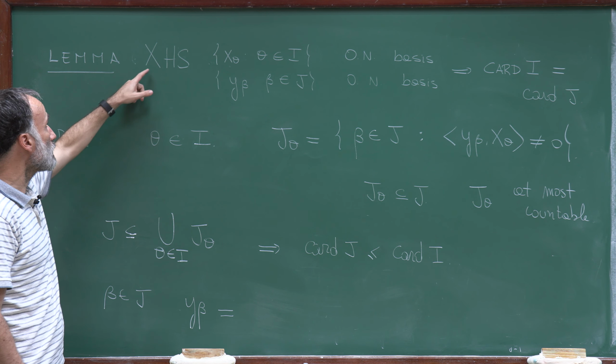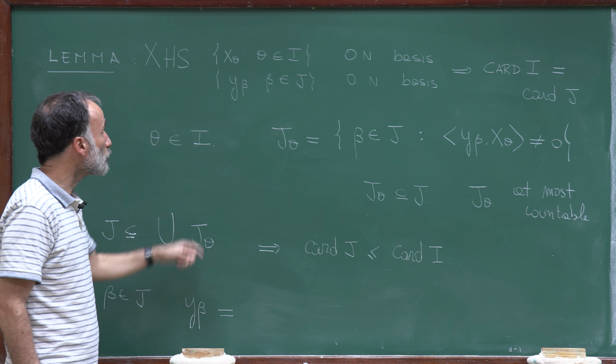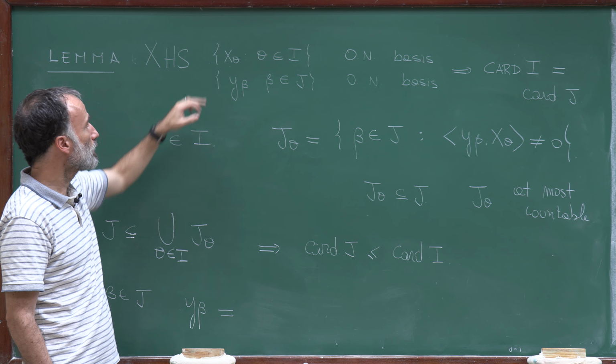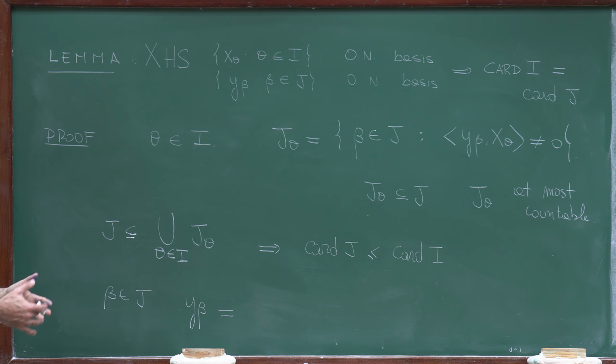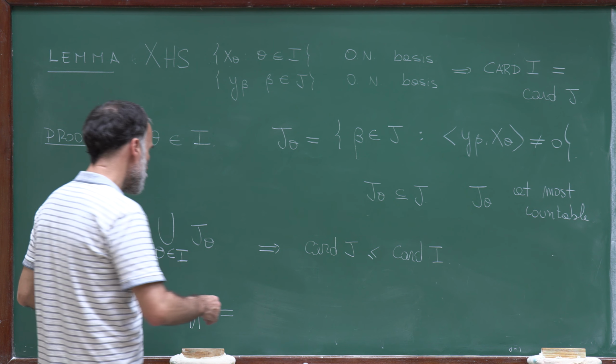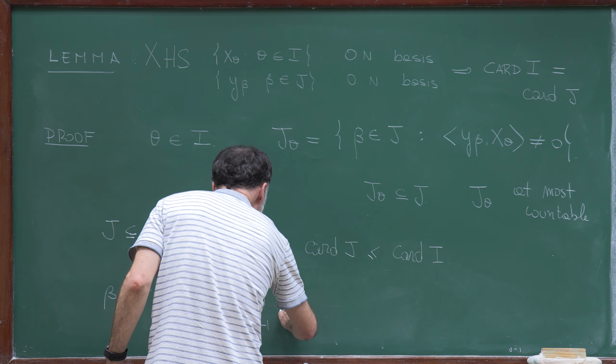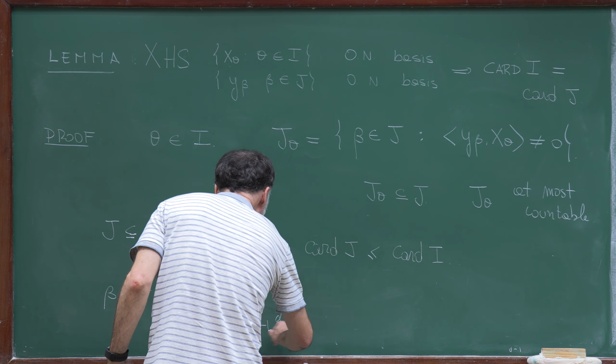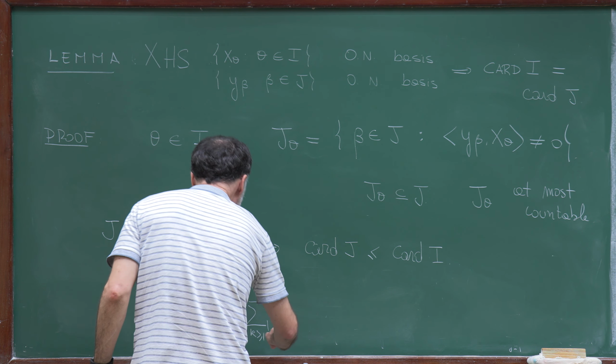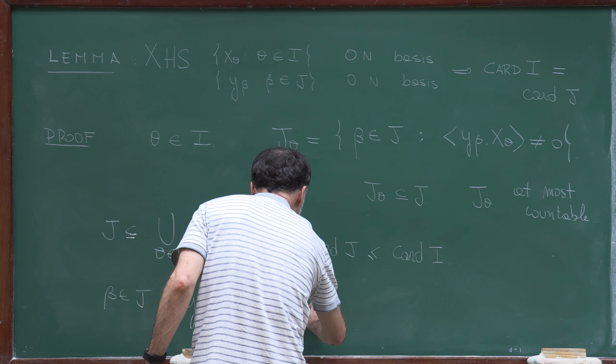So y_β is an element of X, so it belongs to the closed linear span. In the case of Hilbert spaces, we proved in the last lecture an explicit formula for the closed linear span. So we proved that y_β can be written as a sum over k larger than or equal to 1 of α_k x_θk.